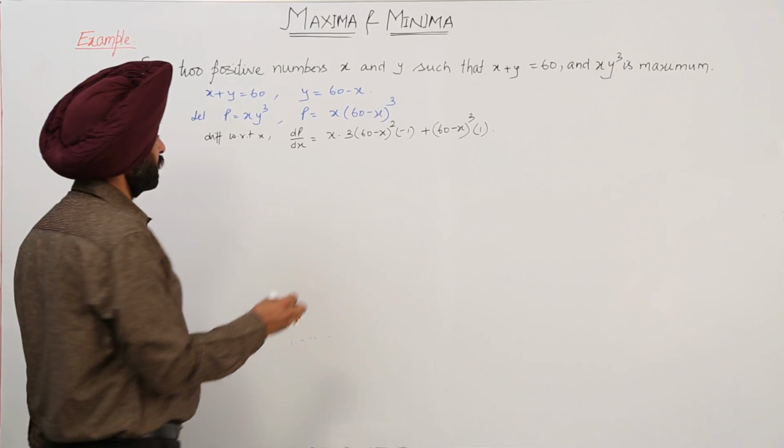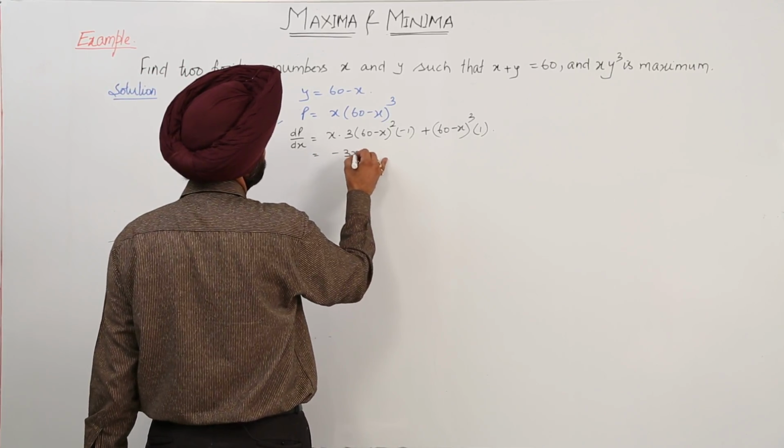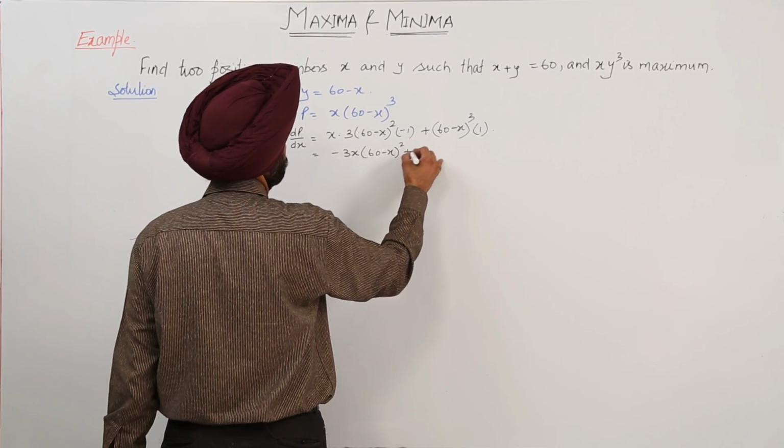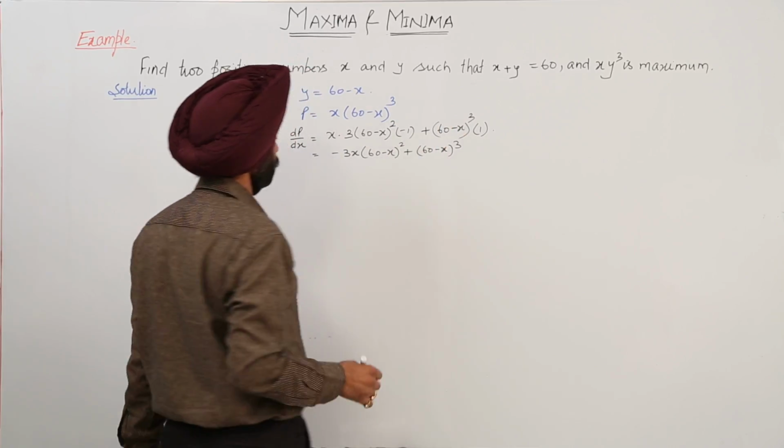So what we are having now? We are having minus 3x times (60 minus x) whole square plus (60 minus x) whole cube.